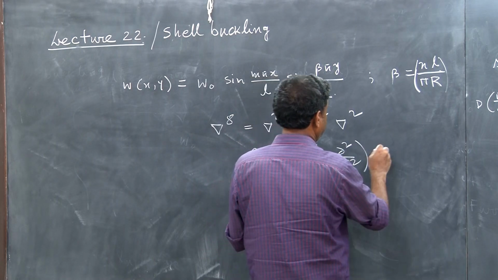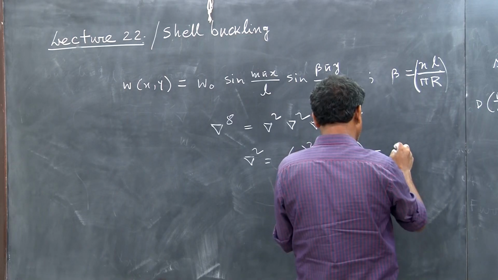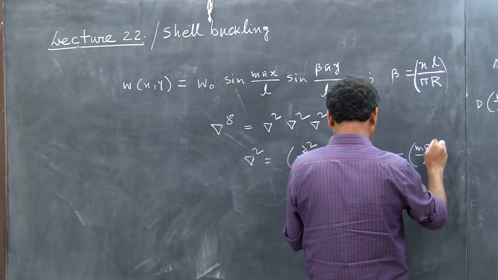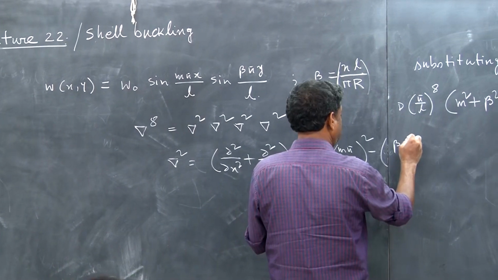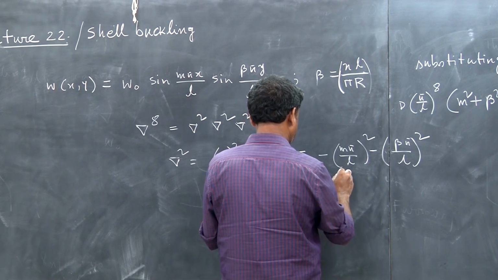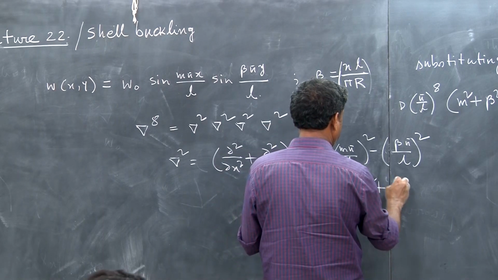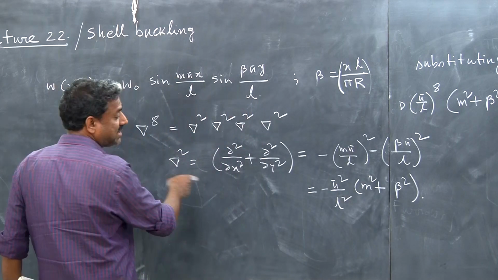So if you differentiate on this, then you will get essentially minus m pi by L square minus beta y by L square, and you will get minus pi square by L square times m square plus beta square. Okay. So one is this one.